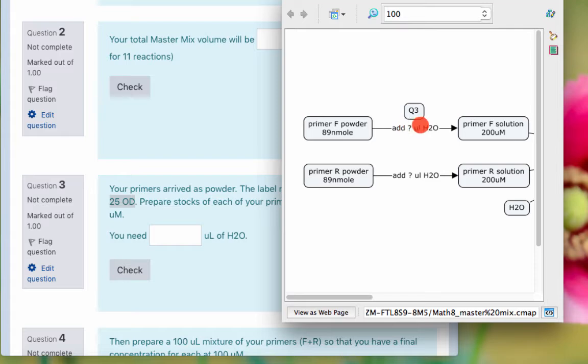You're going to add question mark microliter of water to it so that you end up with 200 micromolar primer solution. So here we have concentration, volume, and mass. Solve the volume, and that's the answer for question number 3. It's basically the same calculation for both forward primer and reverse primer.